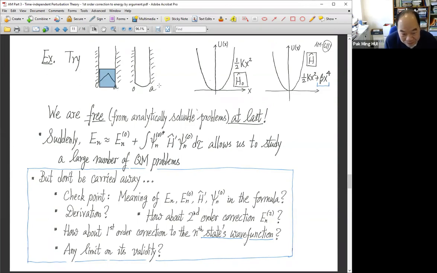It will be fun. And how about something like that? Okay, a rounded bottom. You can put a sine wave there. Okay, again, give it a guess and do the perturbation theory. You will have 3 sine functions come together. That is doable. Okay.